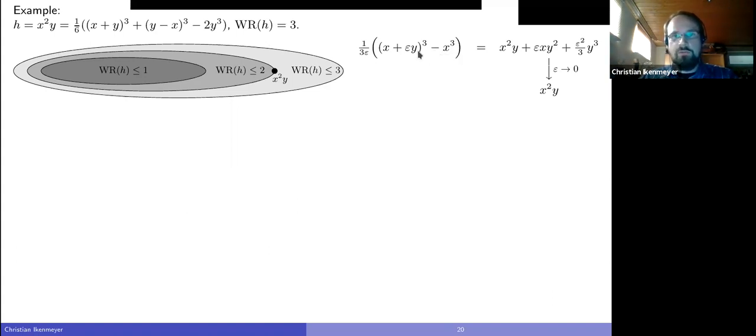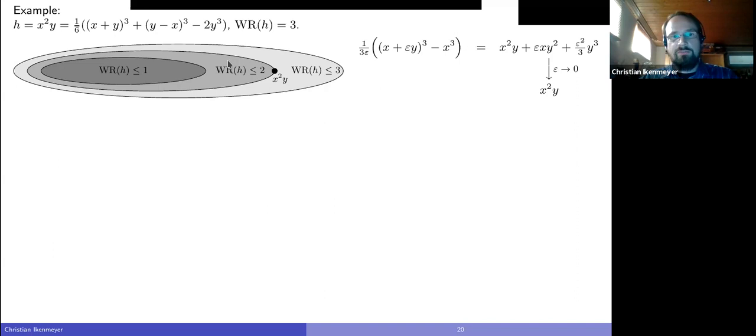And if you see, this has a Waring rank 2, obviously. It's parameterized by some epsilon that is non-zero because you divide by epsilon here. If you expand this, you see that indeed this polynomial converges to x squared y, but these polynomials, for every epsilon, have a Waring rank of 2.